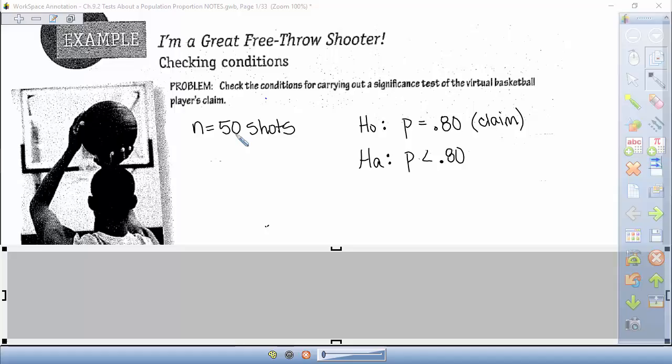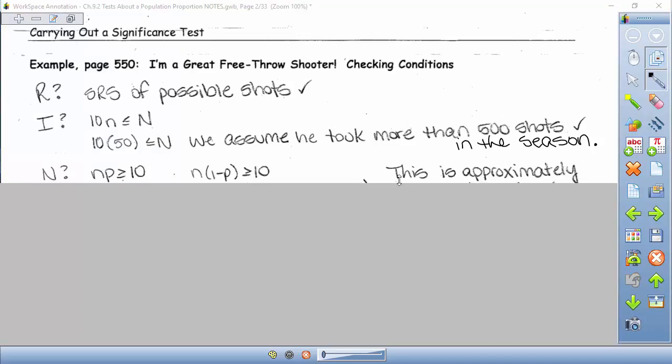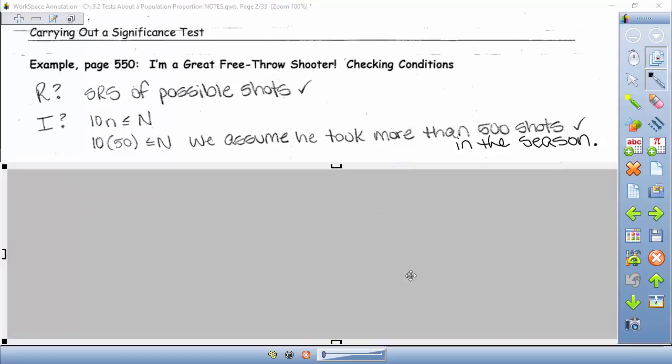That doesn't make sense, does it? In a season, yes. We assume that this person makes more than 500 shots in a season. 500 shots in a game is a little hard. If you wrote 500 shots in the game, you would probably get credit for that, but it doesn't really make sense.